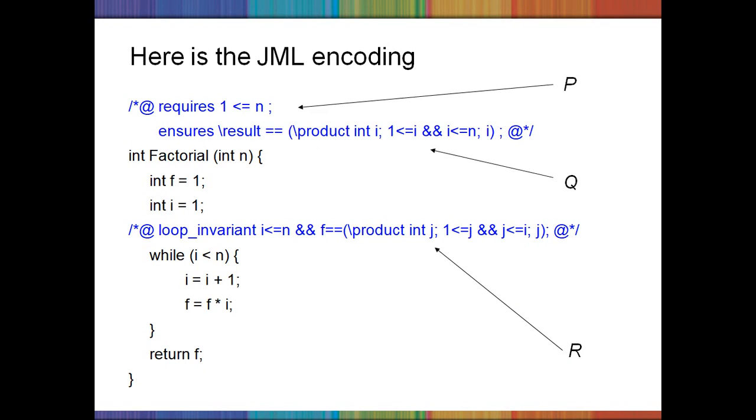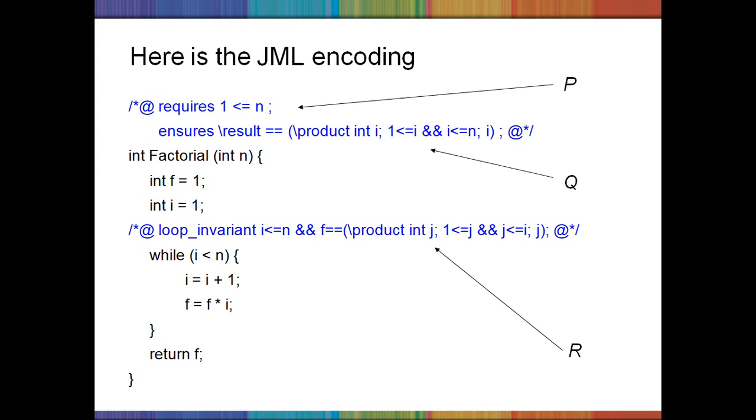Now the same program, by using JML, how can we rewrite this? In the multi-line comment, @requires 1 less than or equal to n. This is the P value, which means precondition. Q means postcondition. What is the postcondition? Previously we have seen that it is factorial.